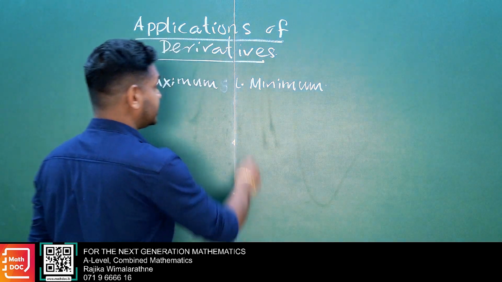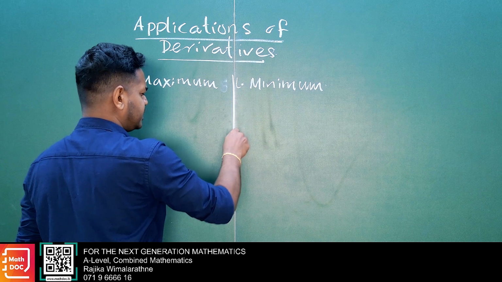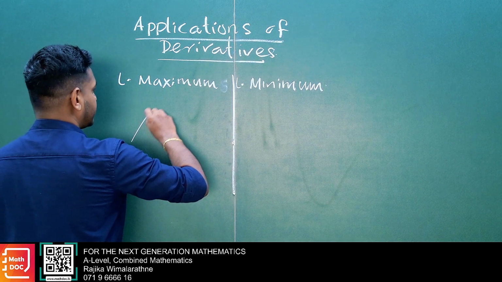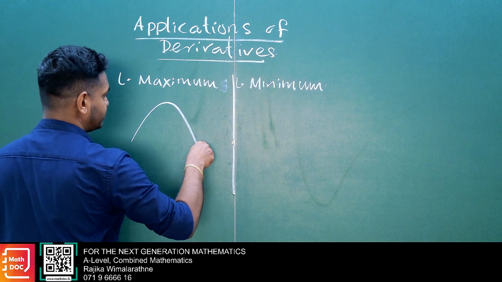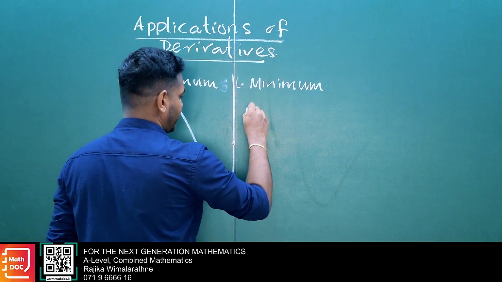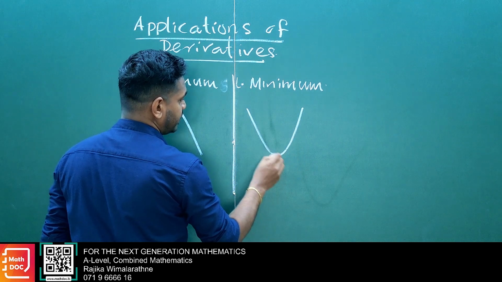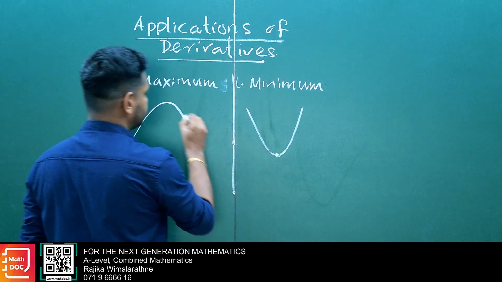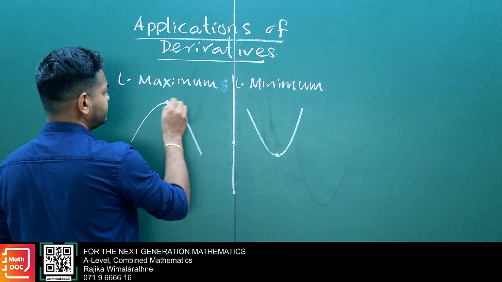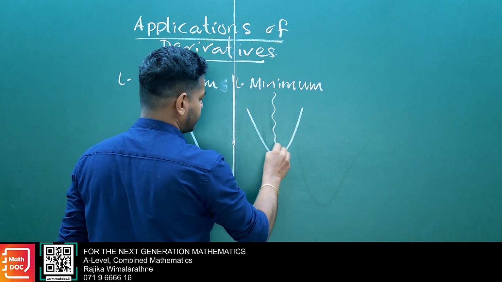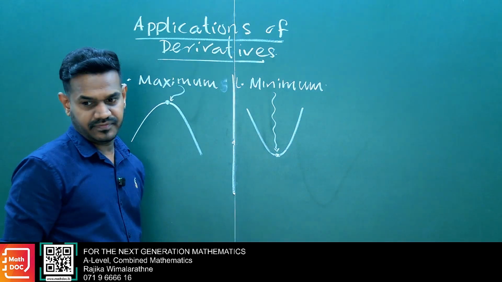So two different things. When you consider this type of graph, we say it is a local maximum type graph. Here this point we say local minimum, and here this point we say local maximum.